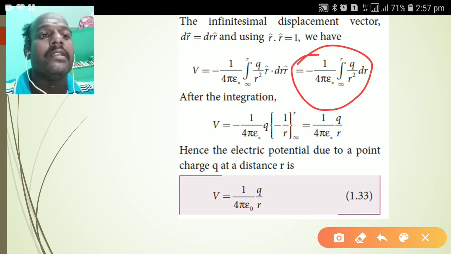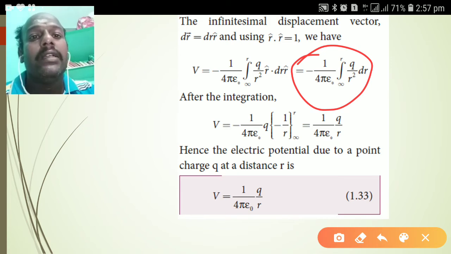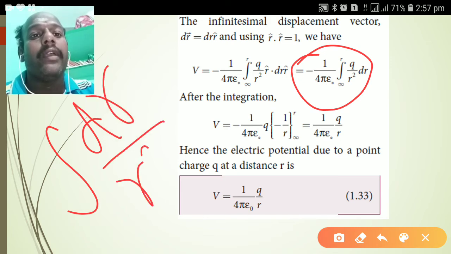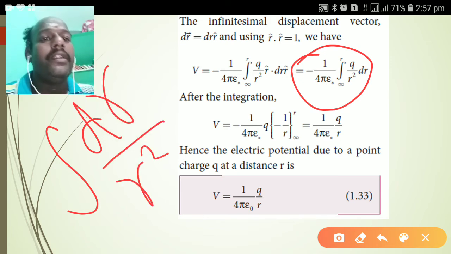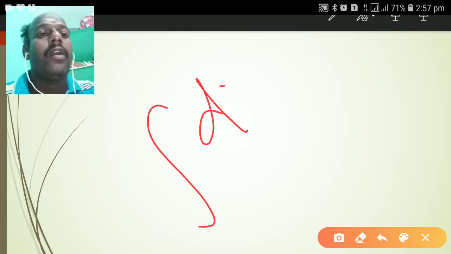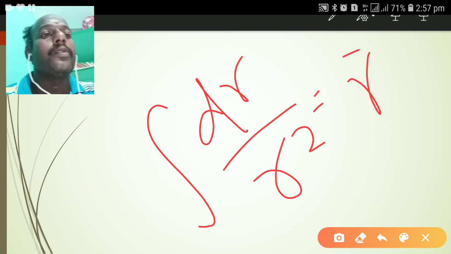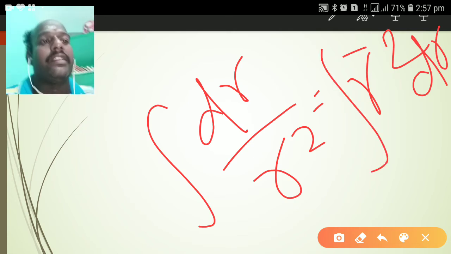After the integration, I am going to consider the integral of dr by r square. This can be taken as r to the power minus 2 into dr integration.